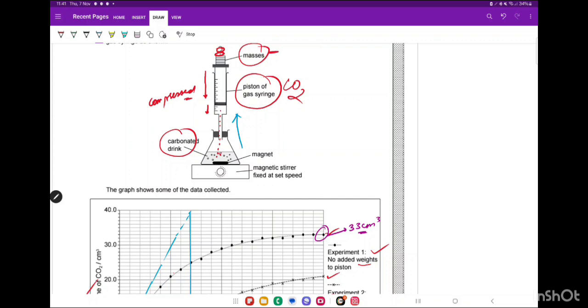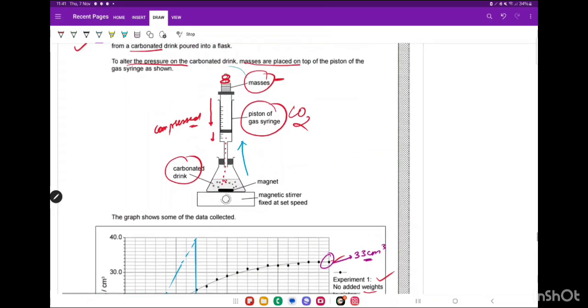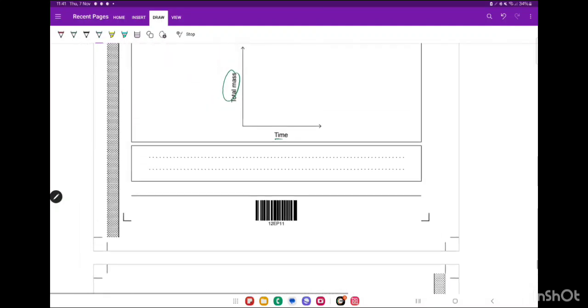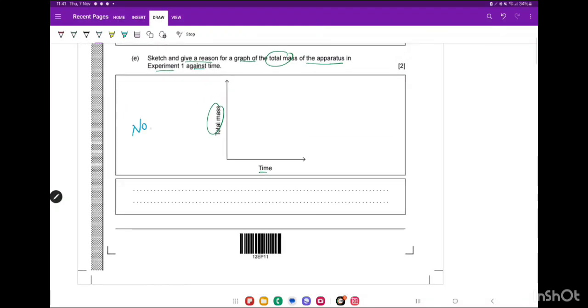Hence, when I calculate the total mass of this complete apparatus, the mass should remain constant with respect to time because there is no loss in mass, as the gas syringe is closed.